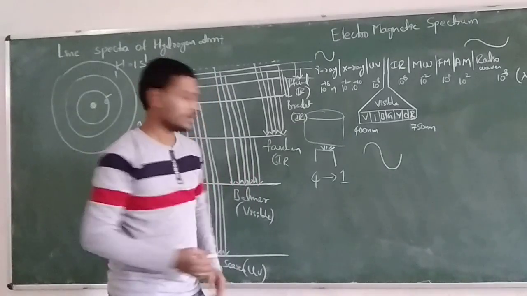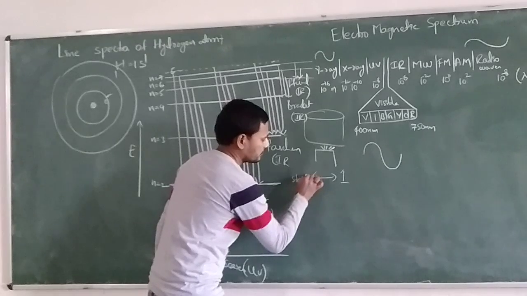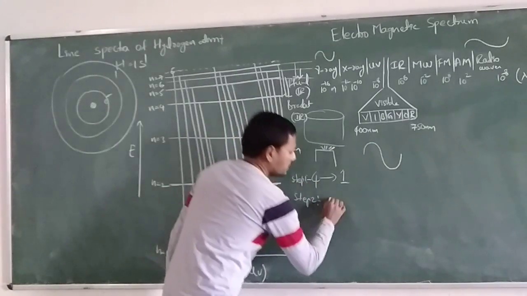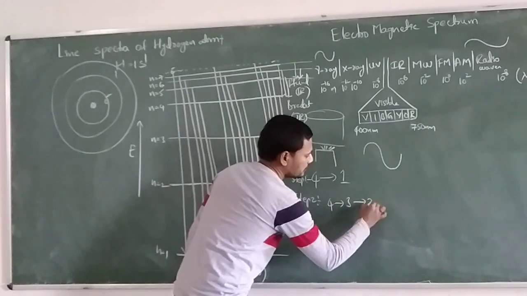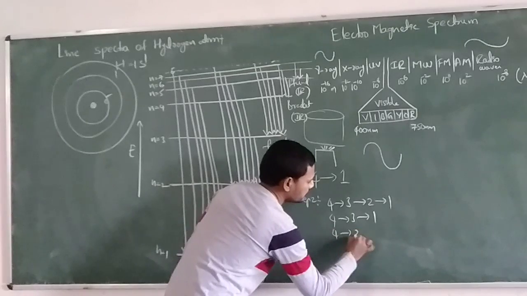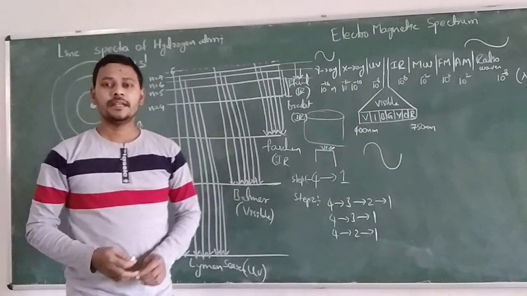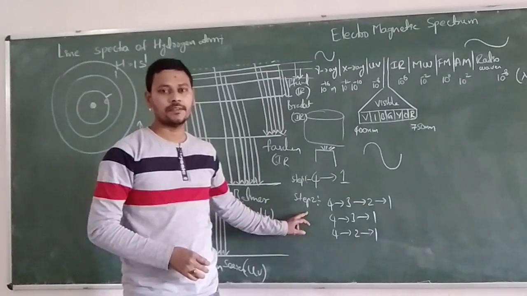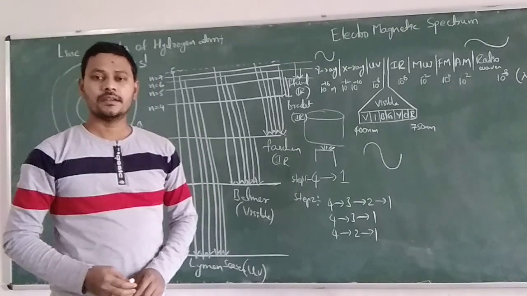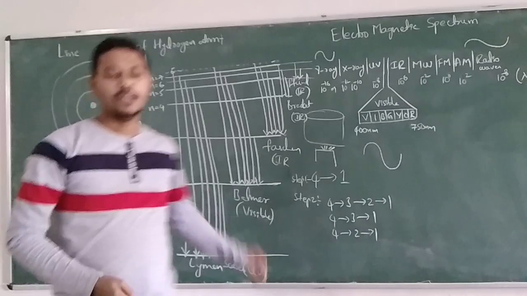It may come from 4 to 3, 3 to 2, 2 to 1, or 4 to 3, 3 to 1, or 4 to 2, 2 to 1, like this. Each electronic transition gives one line in the spectrum. That's why we will get several lines in the hydrogen atomic spectra.